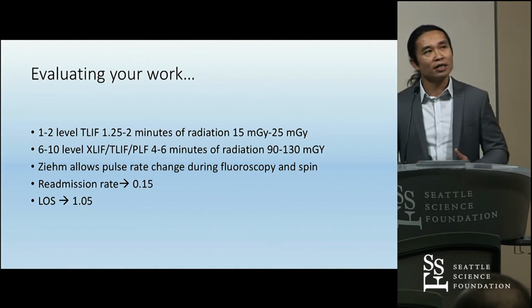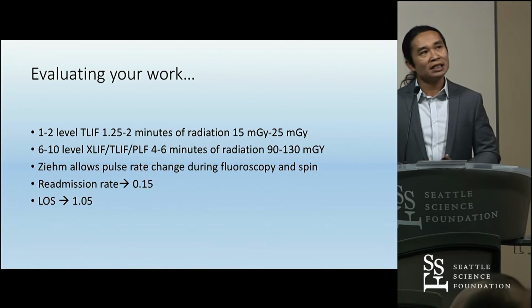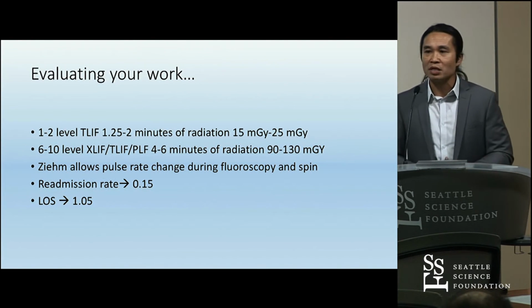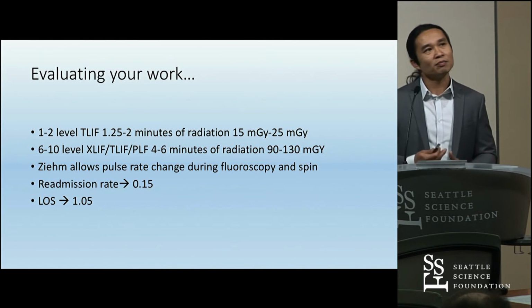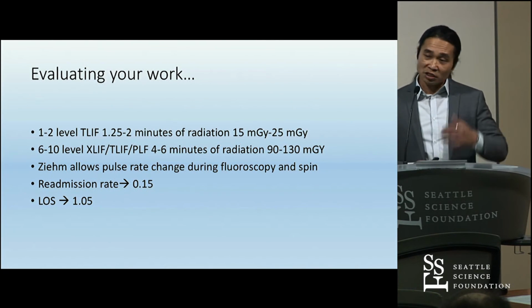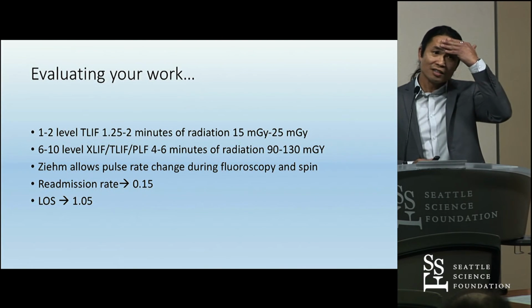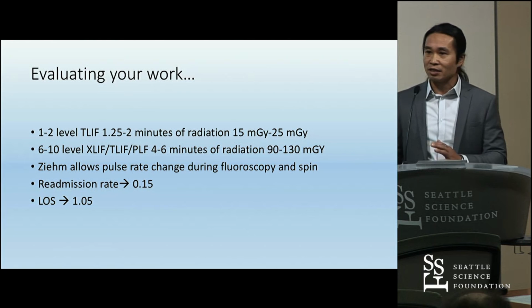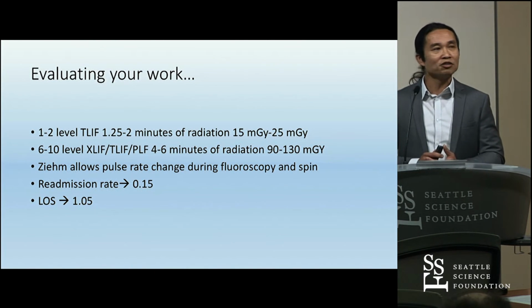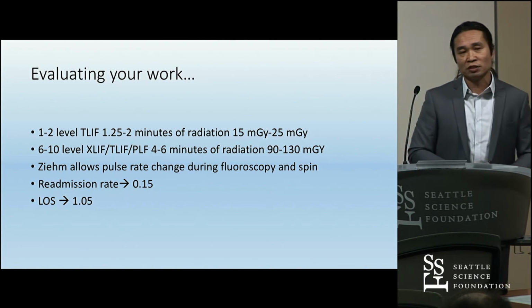Evaluating my own work for 1 and 2 level TLIFs, the radiation time over the past several years has diminished. It's below 2 minutes now, about 1.5 minutes. But really what's important is the amount of radiation that's applied to the operative field. During the spin, like every other navigation spin, we tend to step out of the surgical field beyond 6 feet.